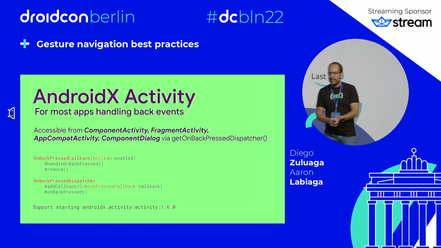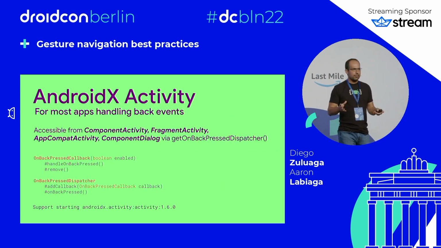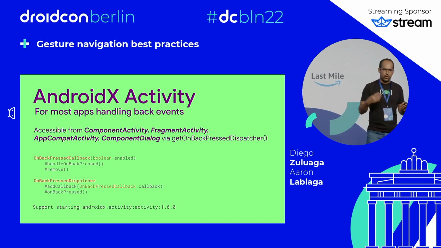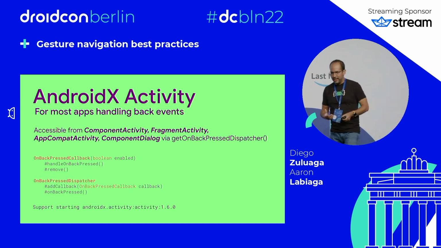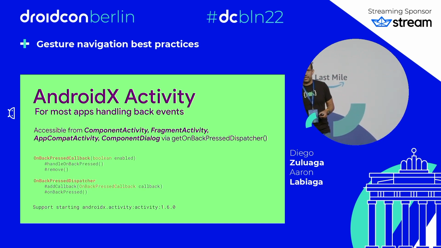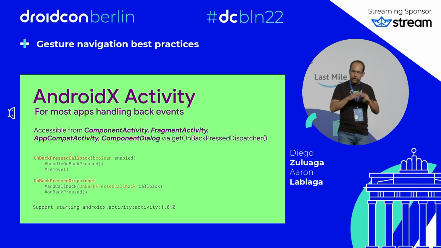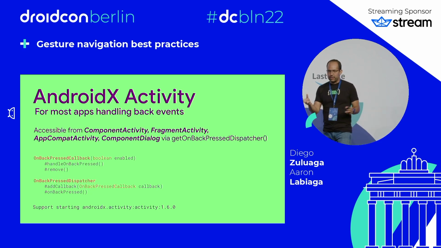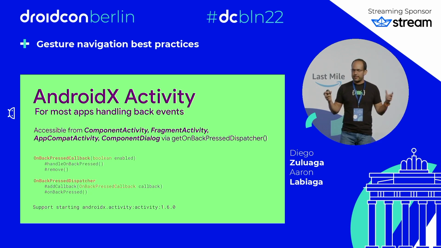All right. The next step is, for most apps, you probably end up using AndroidX activity, right? From 1.6, under the hood, it will leverage that onBackInvokedCallback, so you don't need to worry about it. But the API looks like this. It's an OnBackPressedCallback. You're probably familiar with this. It takes a Boolean.